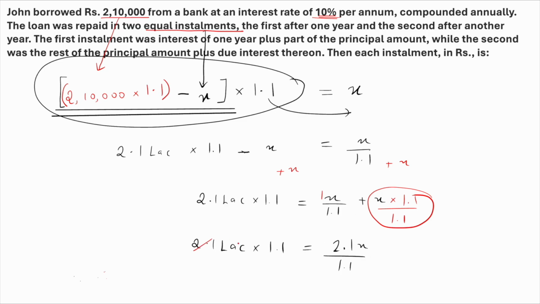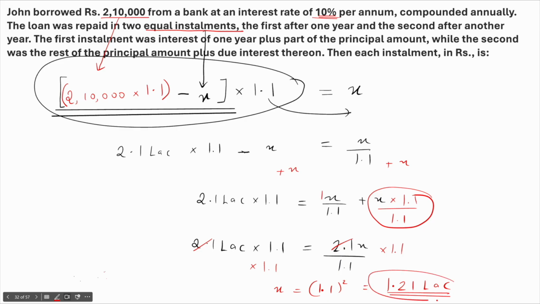Now cancelling out 2.1 from both sides and multiplying 1.1 on both sides, x will be nothing but 1.1 into 1.1 lakhs. So x will be 1.1 square these many lakhs. 1.1 square is 1.21 lakhs. So the answer is each installment is worth 1.21 lakh.